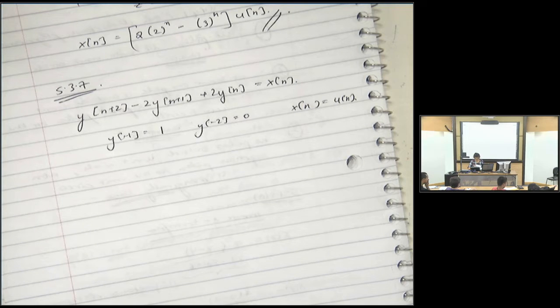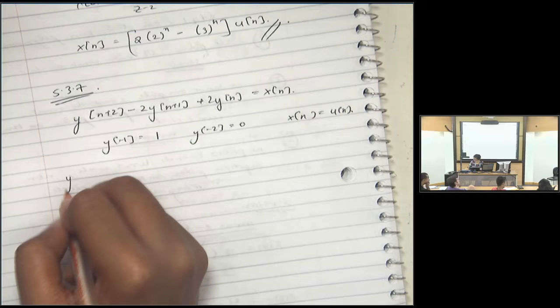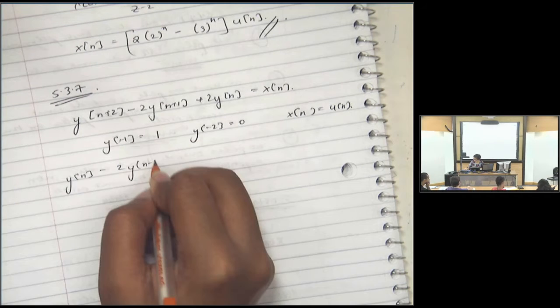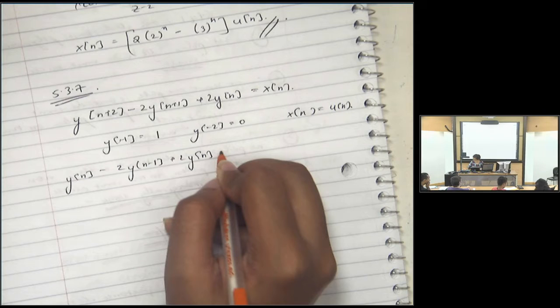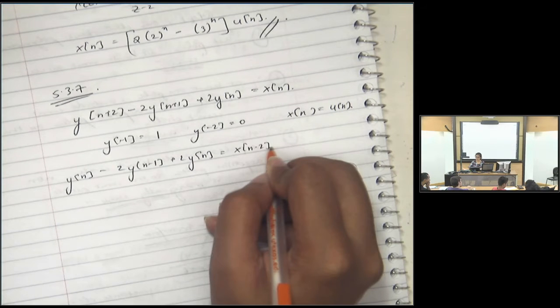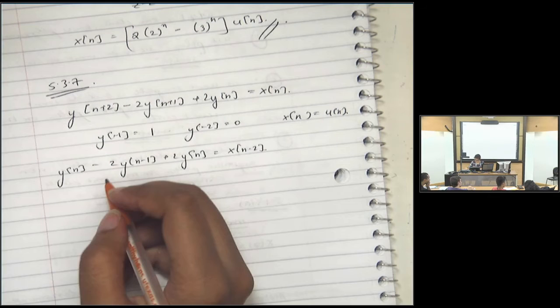Now, what is the first step? Correct. So first step is to delay. So you'll have y of n minus 2 y of n minus 1 plus 2y of n equals x of n minus 2. Correct. Now we'll take the Z transform.